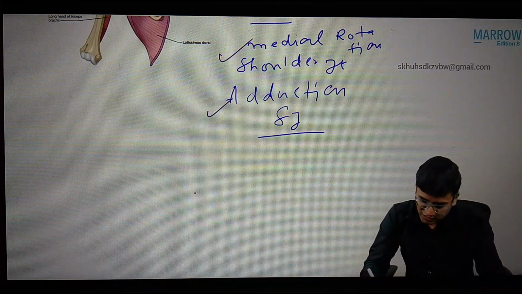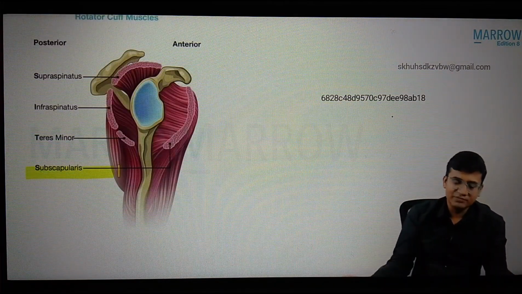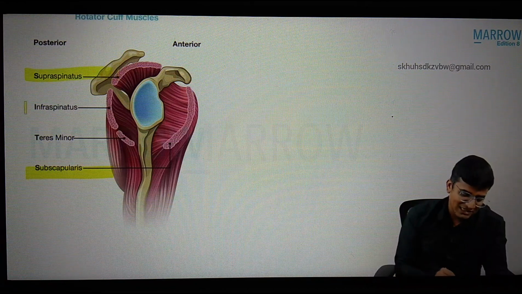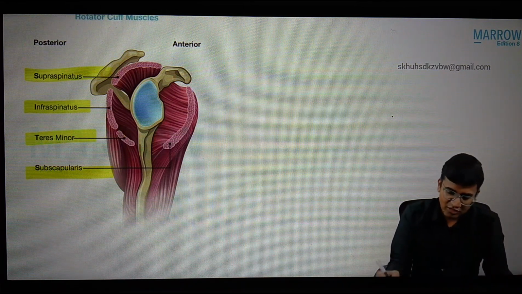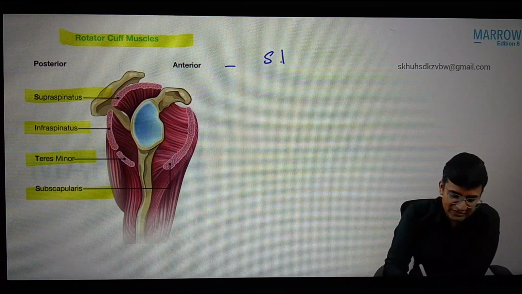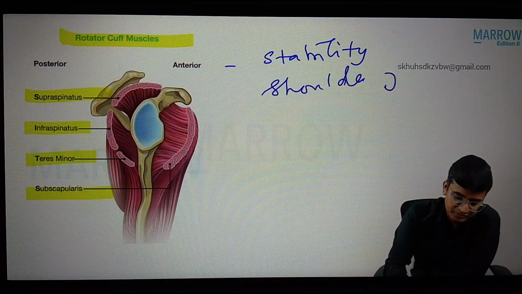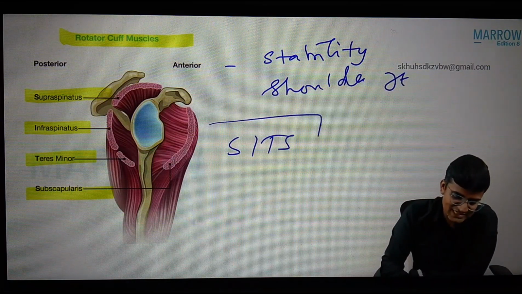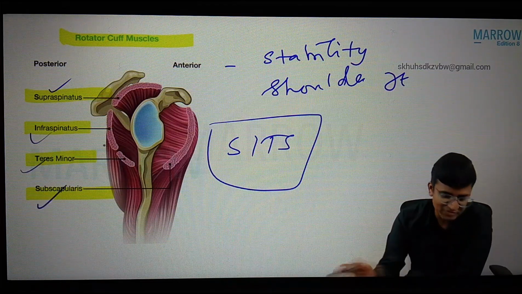Now these four muscles, what are those? Your subscapularis, supraspinatus, infraspinatus, and teres minor muscles. These four muscles are called rotator cuff muscles. What will these muscles do? They give stability to the shoulder joint. The mnemonic is SITS, a very old mnemonic: supraspinatus, infraspinatus, teres minor, subscapularis.